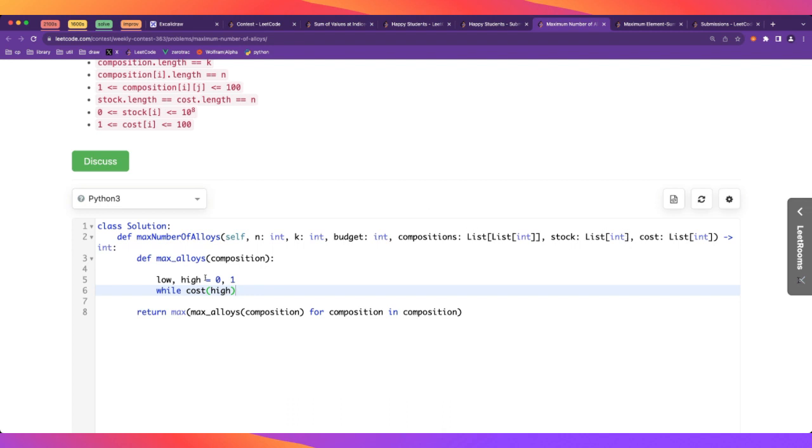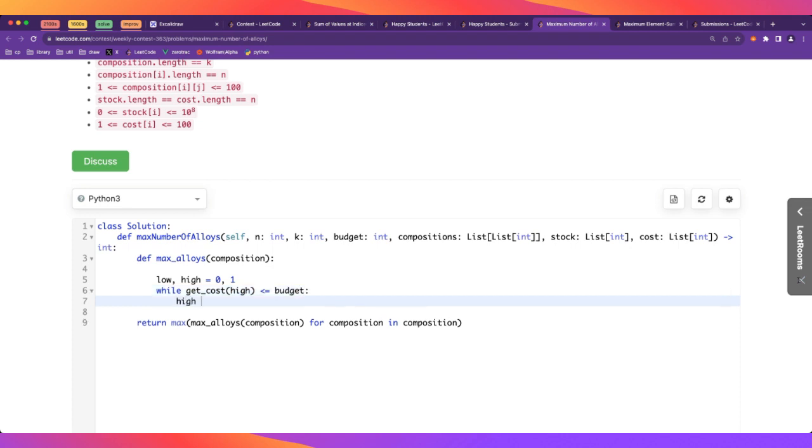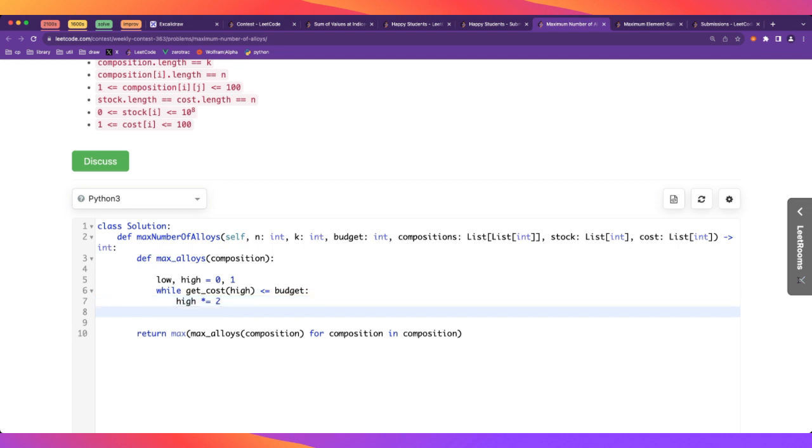Well, cost is an array, so let's call it get cost. So while the cost is under the budget, we want to increase it exponentially. This is a common technique in binary search, just to find an upper bound.